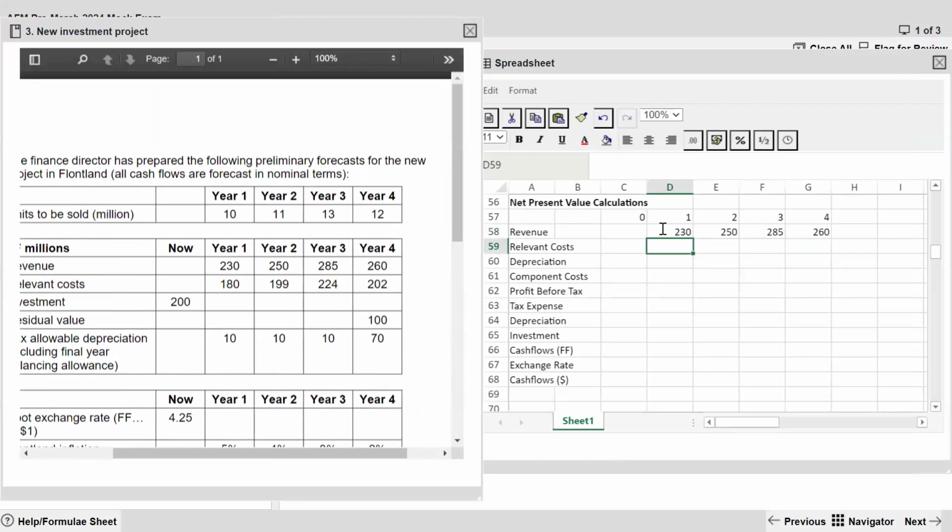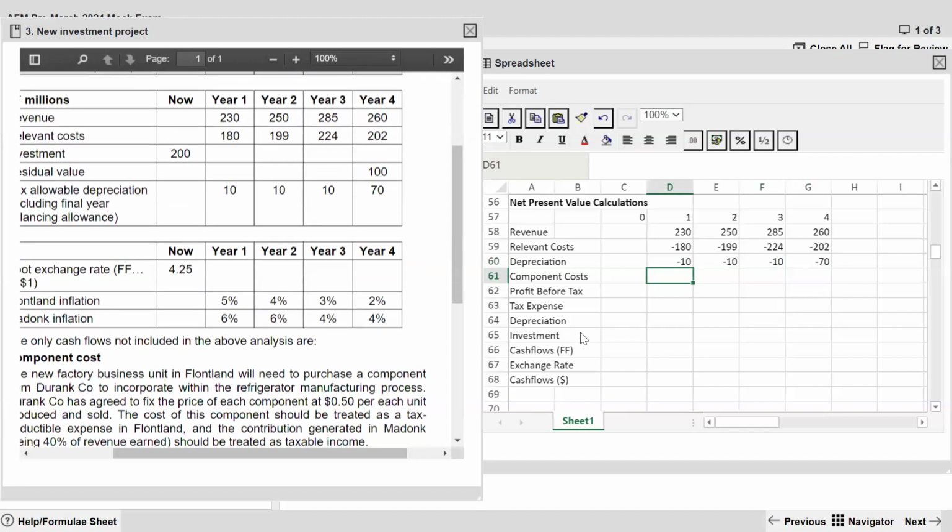The relevant costs are gonna be 180, 199, 224, 202. The depreciation is 10, 10, 10, 70. Component cost is something that we would have to calculate.